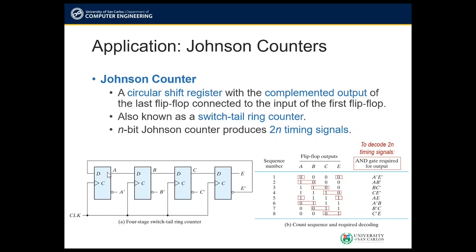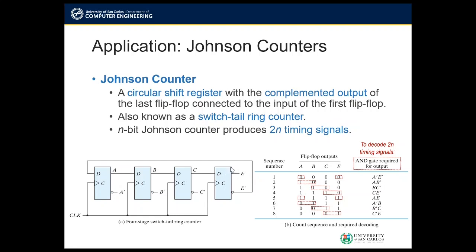The output of the leftmost is connected to its neighbor at the right. So this is A connected to DB. The output B is connected to DC. The output of C is connected to DE. And take note of the last flip-flop.